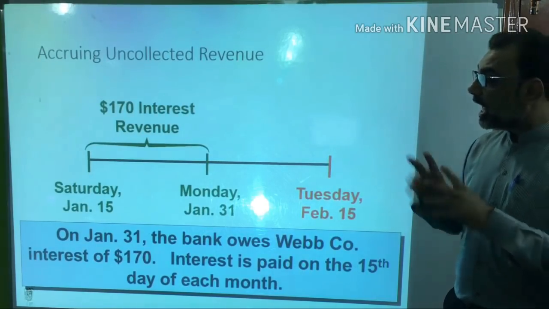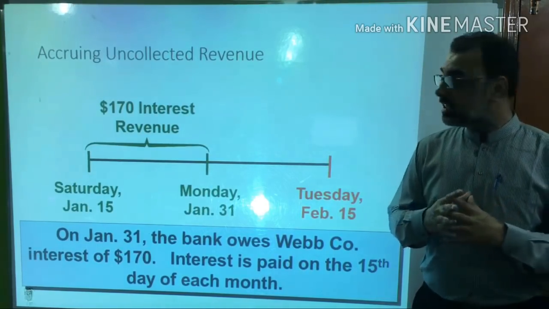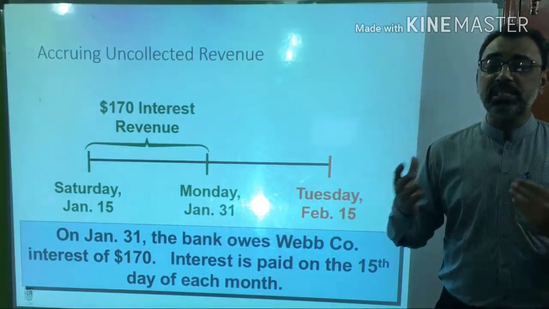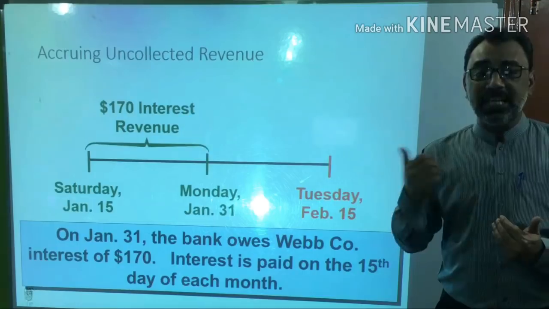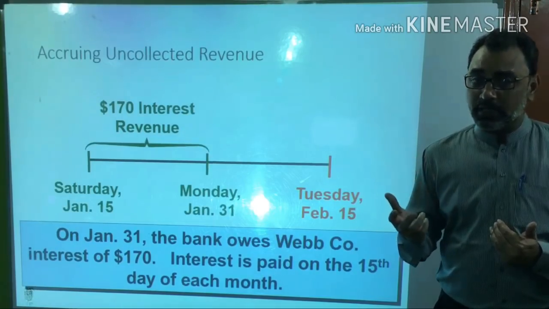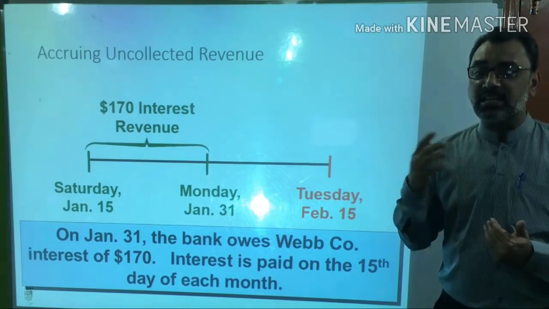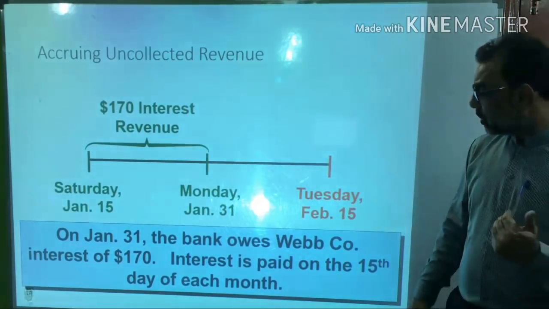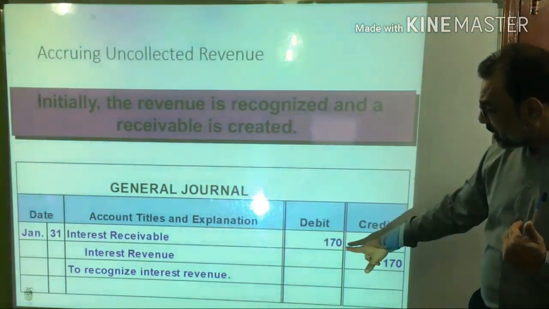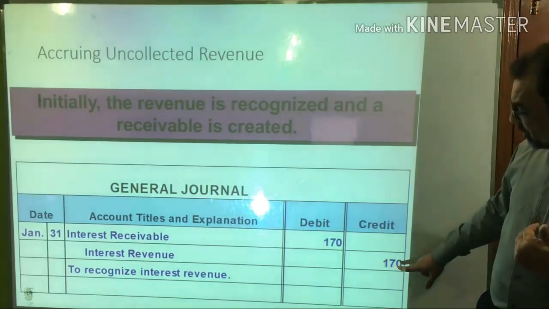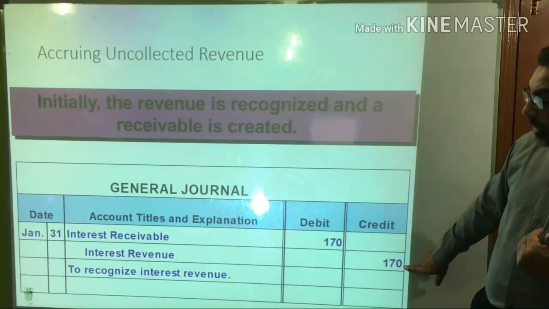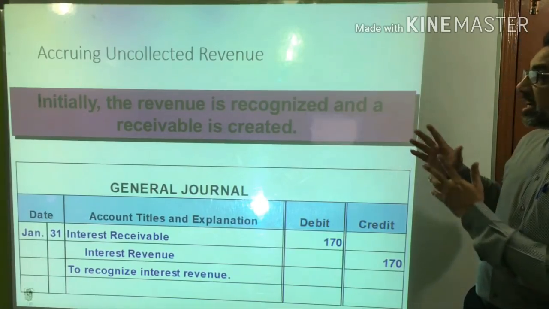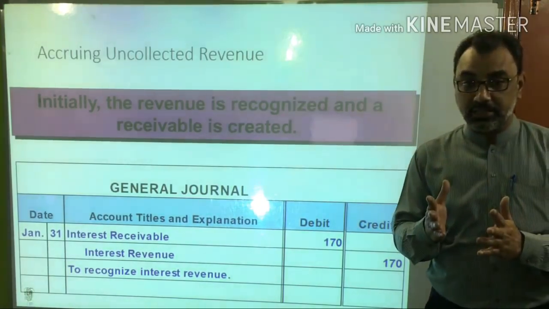At this moment, the adjusting entry would be passed: interest receivable is debited and interest income is credited because you are recognizing the revenue in that specific period. So the interest receivable is 170, and interest income or interest revenue is credited. Thus you have recognized the interest revenue.